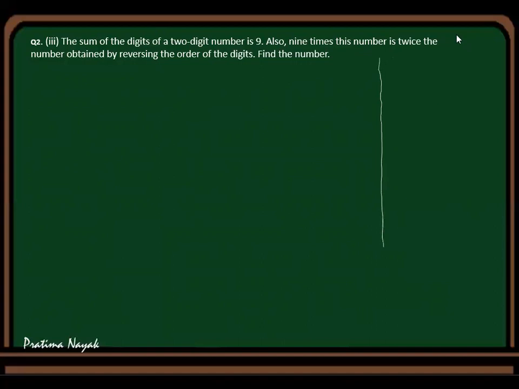Suppose I am taking an example of 36. In this number, 3 is a digit and 6 is a digit. 3 is the tens place digit and 6 is the ones place digit.